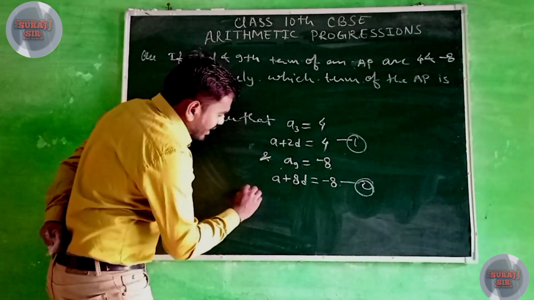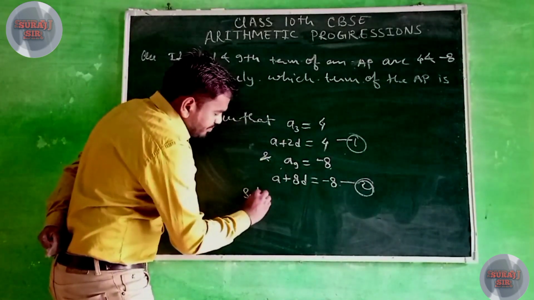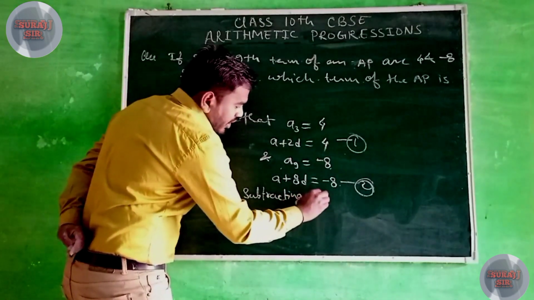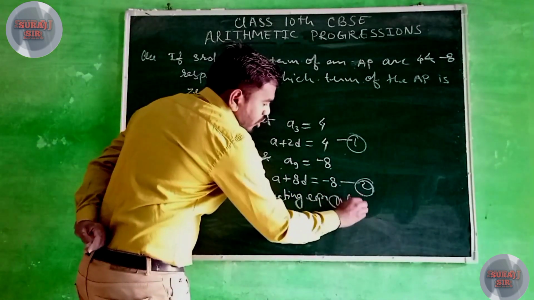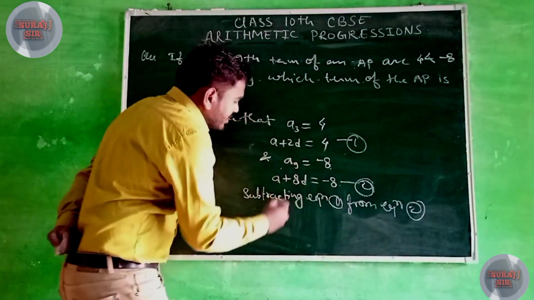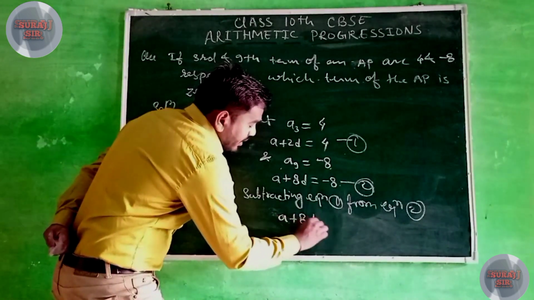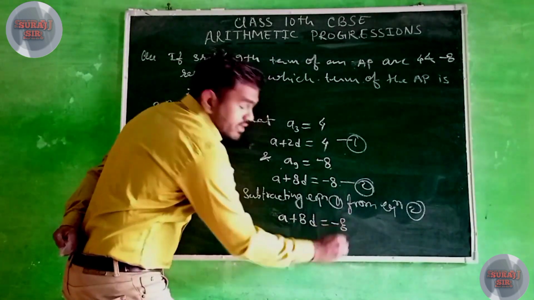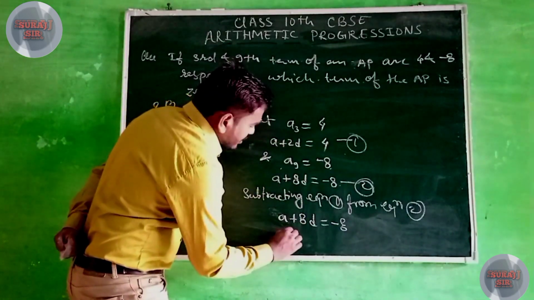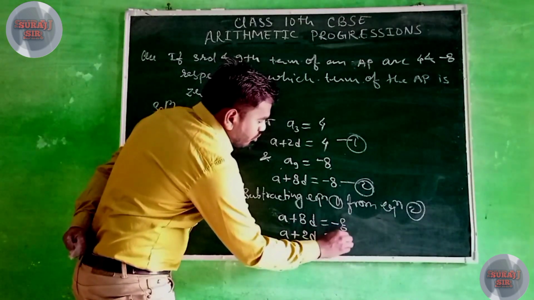On solving first and second one, subtracting equation 1 from equation 2. What we get? A plus 8D is equal to -8, right? And the first equation was A plus 2D is equal to 4.